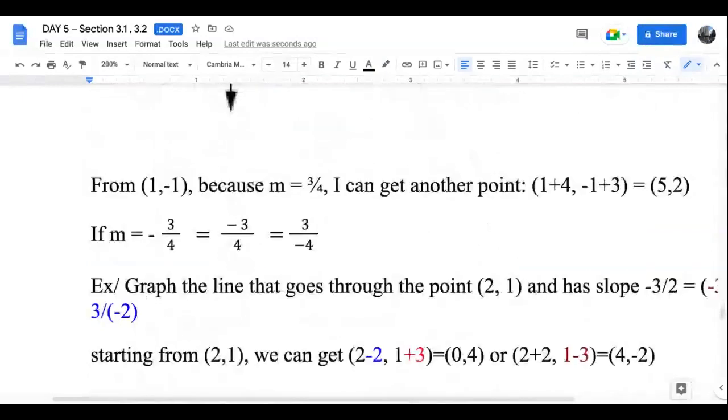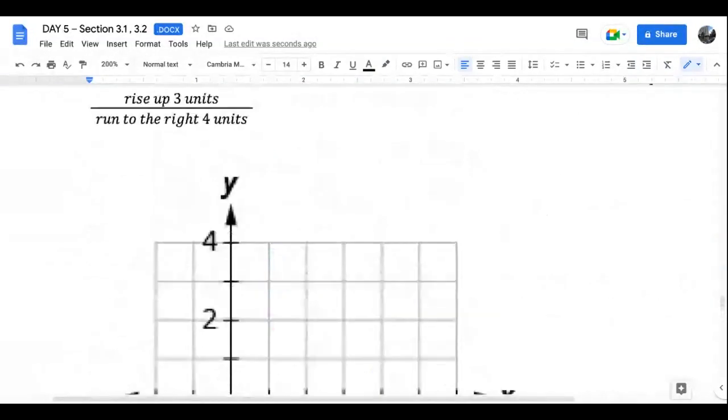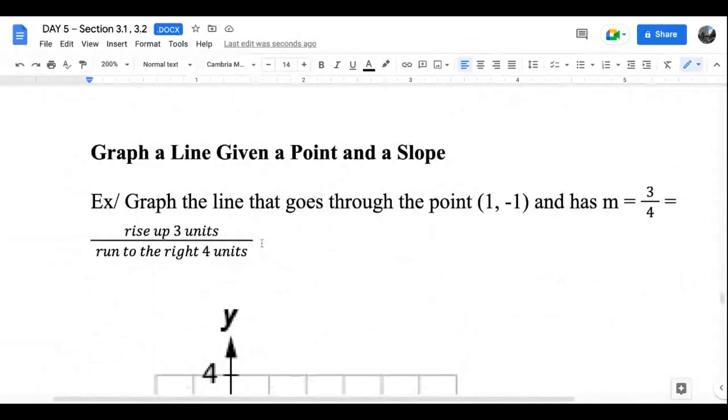Now, when it's negative, that's why we do 1. 1 is the x value, corresponding to the denominator, 1 plus 4. And -1 is the y value, corresponding to the numerator, because the numerator is y2 minus y1 plus 3.